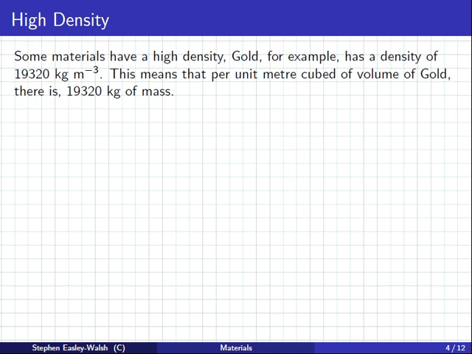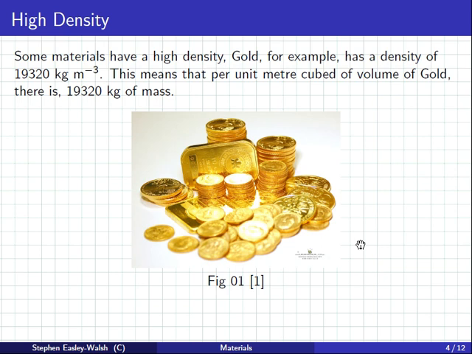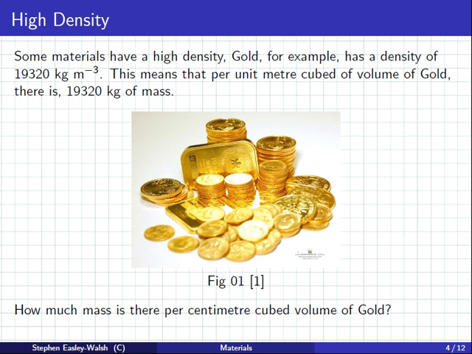You don't need to write that down because I have values coming up in a moment. As a quick revision question, can you convert this from kilograms per meter cubed into grams per centimeter cubed? Let's see if you remember how to do this.